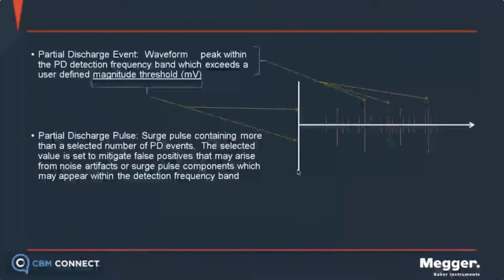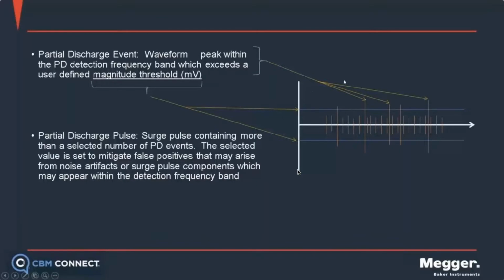So the partial discharge events we see are these peaks of that high frequency component. Of course, this is a graphical representation of what I just showed you, but these peaks exceed a set threshold that we define above the noise level. We want to make sure our threshold is well above the noise, and then when the PD occurs, it'll break through that threshold.